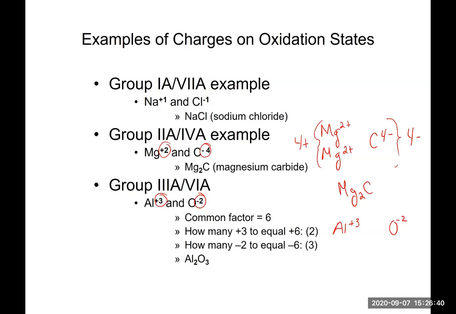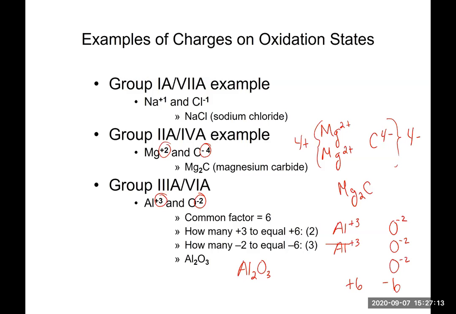So if we use 6, we need 2 aluminums with a +3 to give us +6, and we need 3 oxygens with a -2 to give us -6. So here we have +6, here we have -6. They cancel each other out or neutralize each other, and we end up with 2 aluminums, which we write with an aluminum with a subscript 2 to show that, and 3 oxygens.